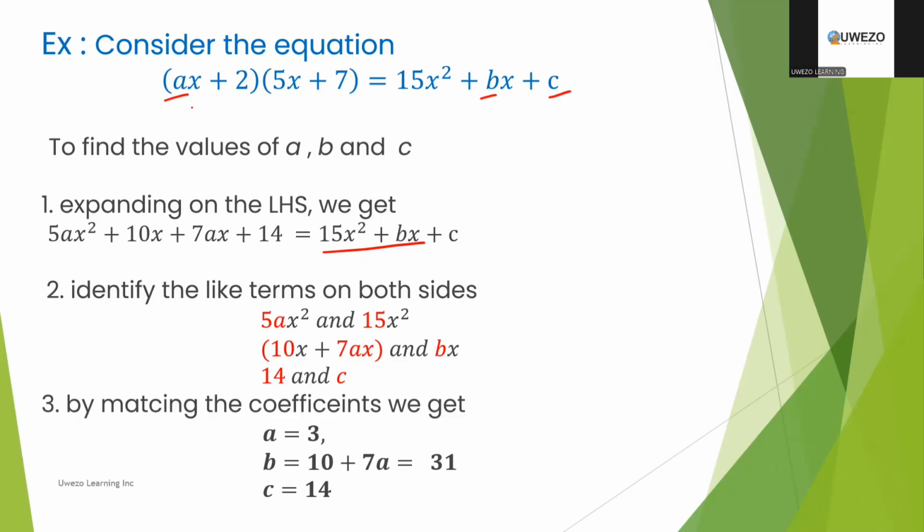Now, compare similar terms. So, x squared terms, and then the x terms, and then the constants. Now, by matching the coefficients, 5a must be equal to 15, so a will be 3. 10 plus 7a must be equal to b. So that will give us b as 31, and then the constant c must be 14.